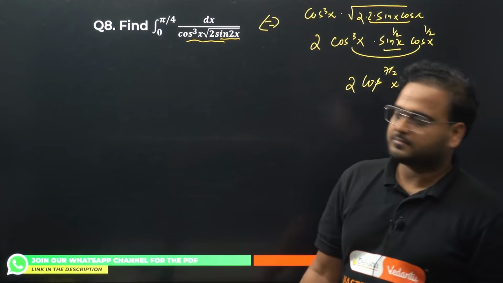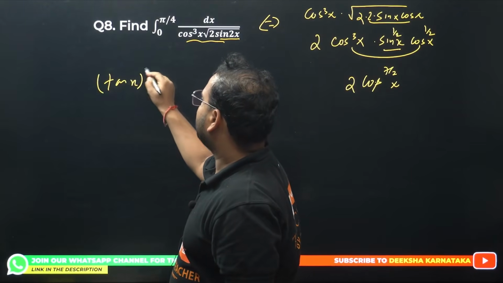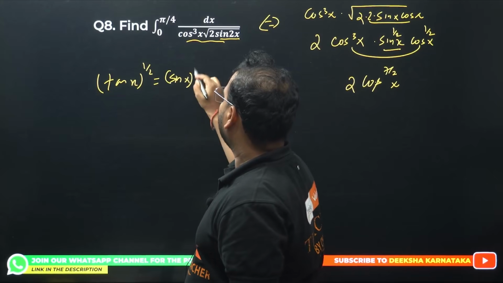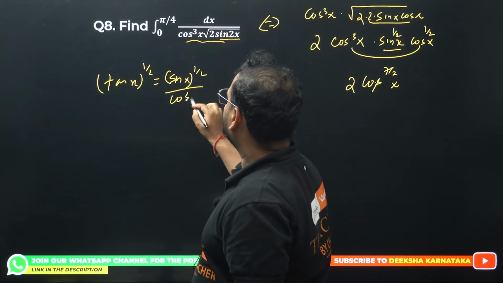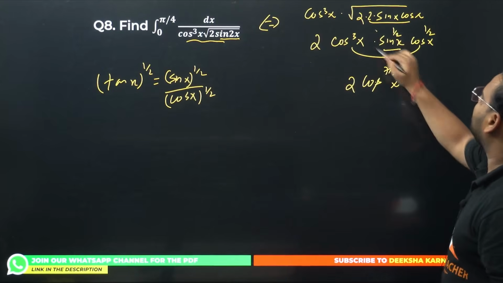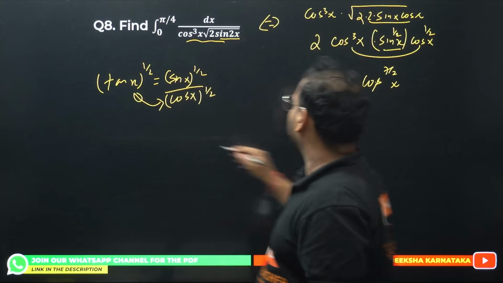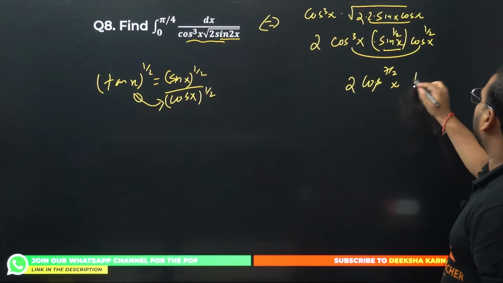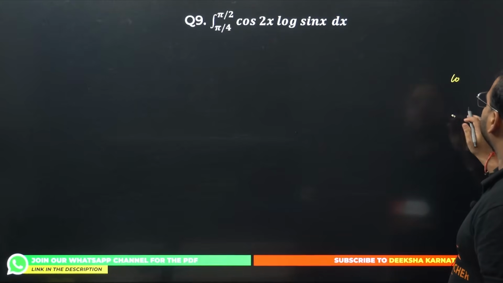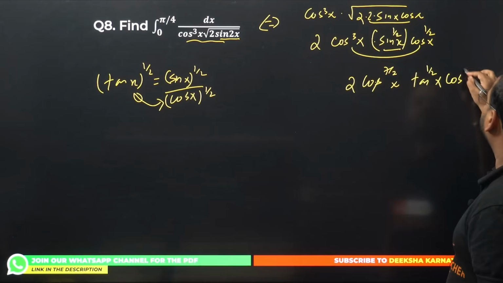If I write tan x power 1 by 2, this will become sin x power 1 by 2 upon cos x power 1 by 2. Cross multiplying, I get tan x power 1 by 2 into cos x power 1 by 2.